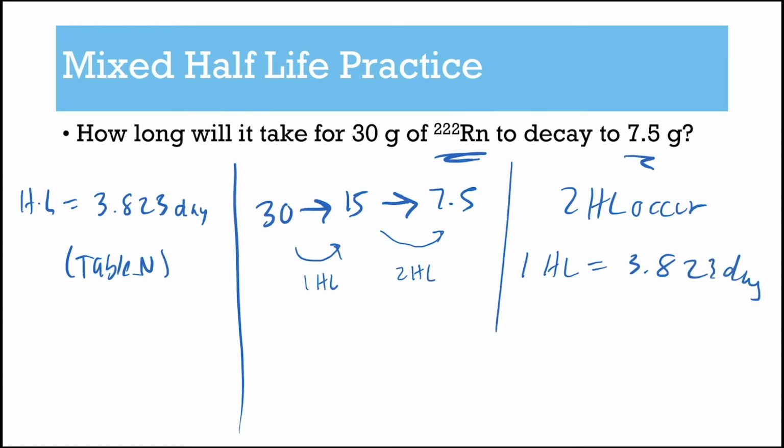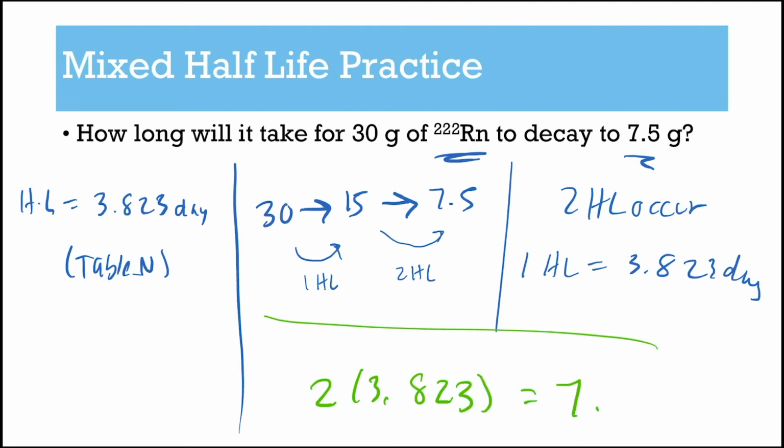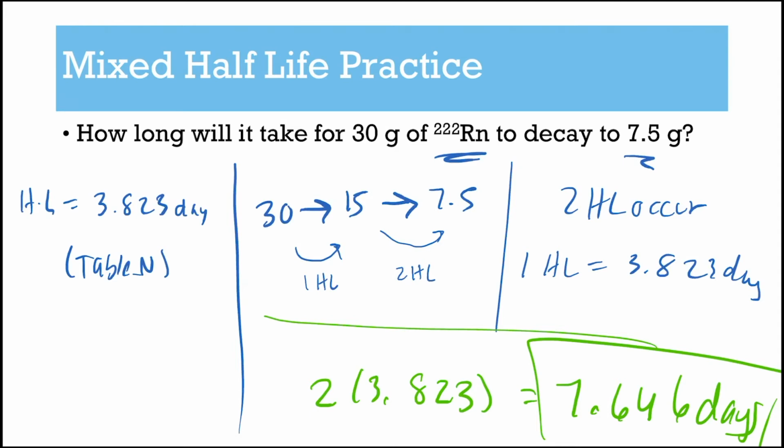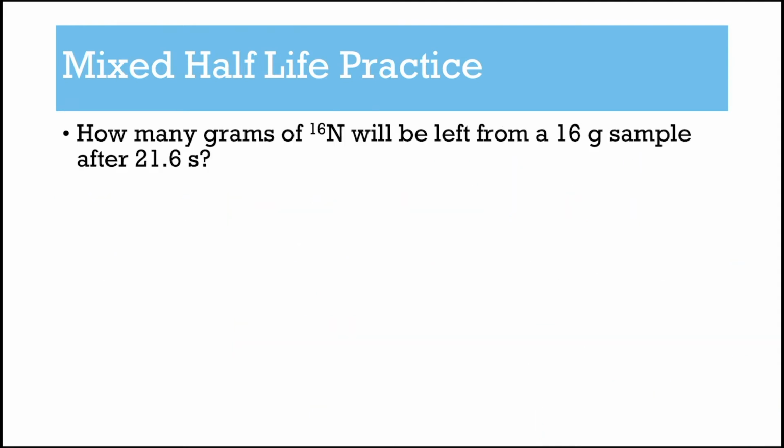So how long is 2 half-lives? All you have to do now is do 2 times 3.823, and that gives you 7.646 days. That's it.